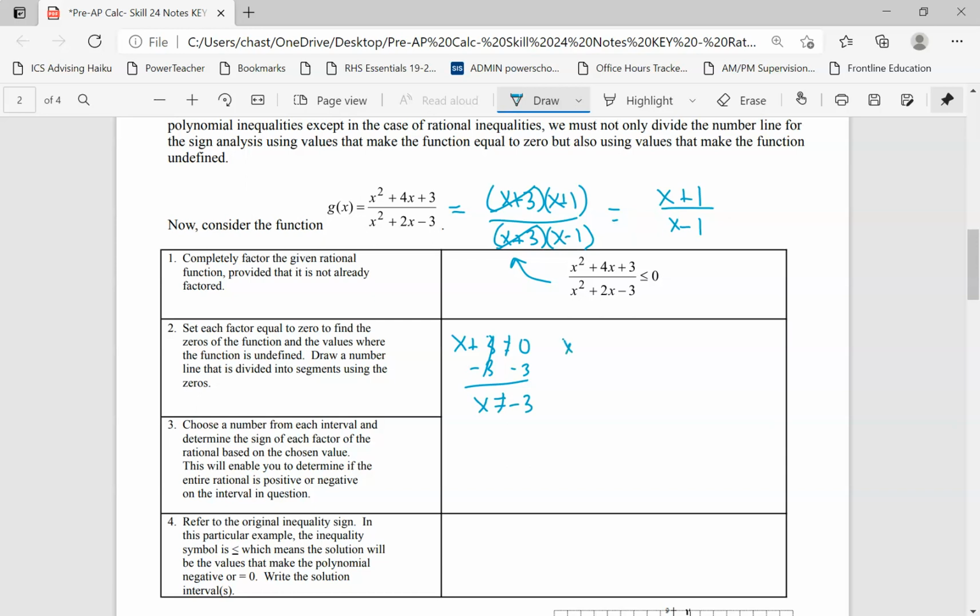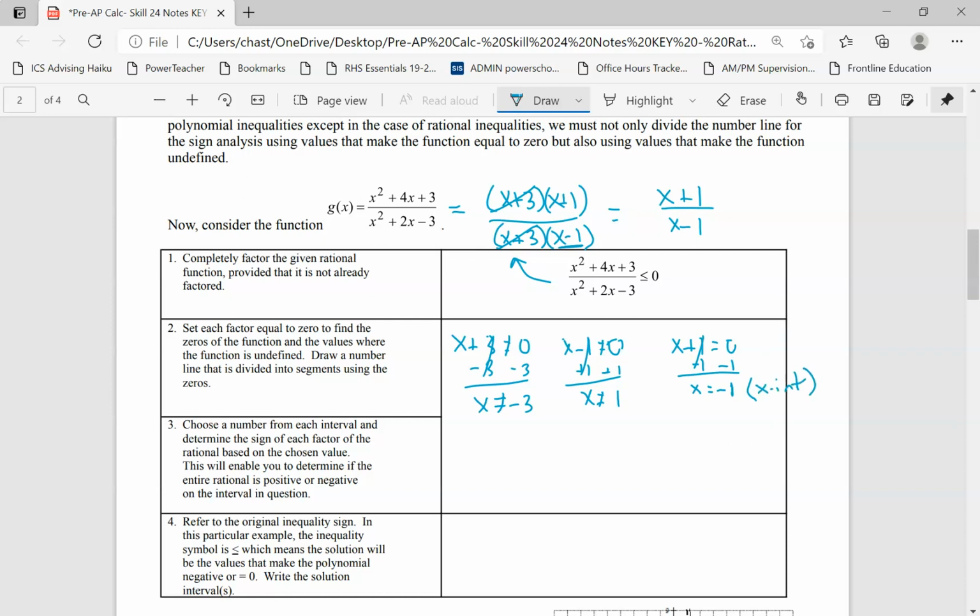We know x - 1 can't be equal to 0 because that's in the denominator, and that would cause a vertical asymptote. So x cannot equal positive 1. And x + 1 will equal 0 when x equals negative 1. That'll be an x-intercept.